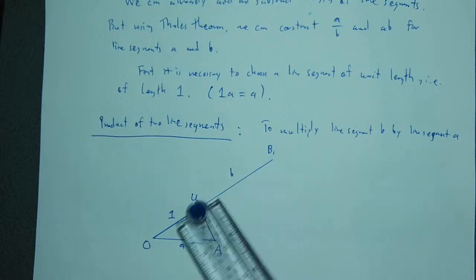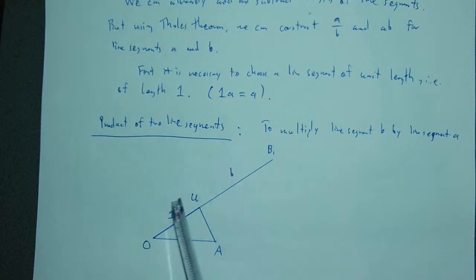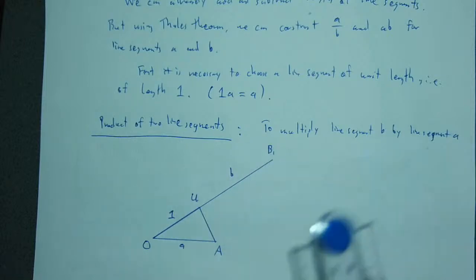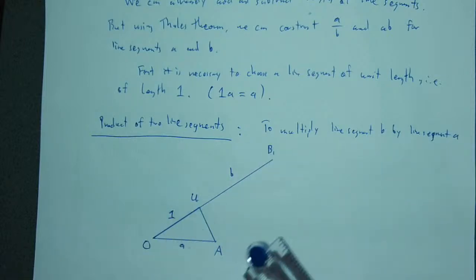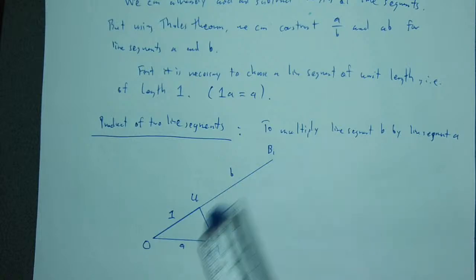And so the way that I could do this is simply just add 1 to itself. I know geometrically I can construct the addition of two line segments. So I could add 1 to itself until this resulting length is B plus 1 totally. So this piece would be B.